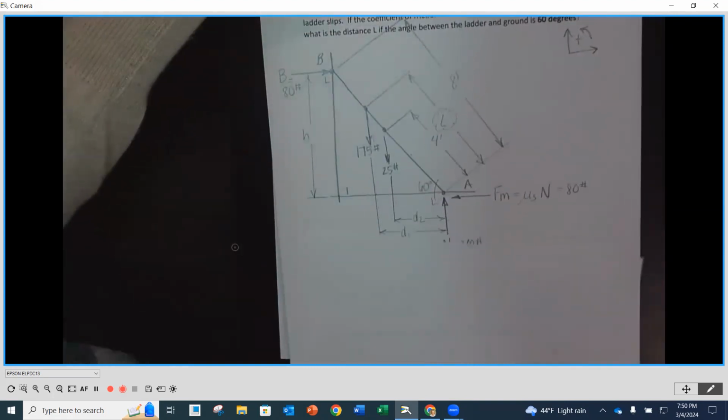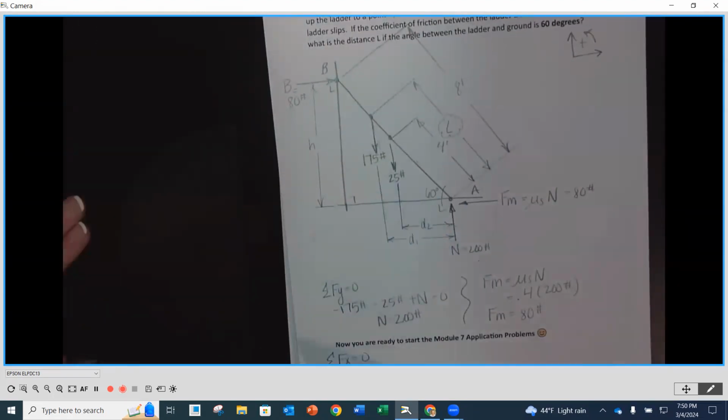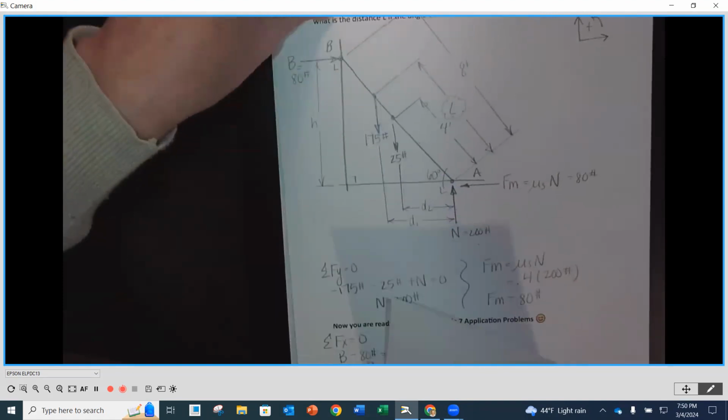Go ahead and use your trigonometry skills, your right angle trig skills.